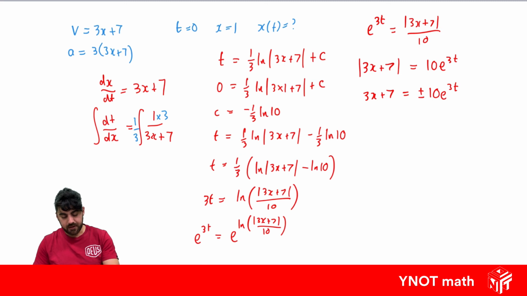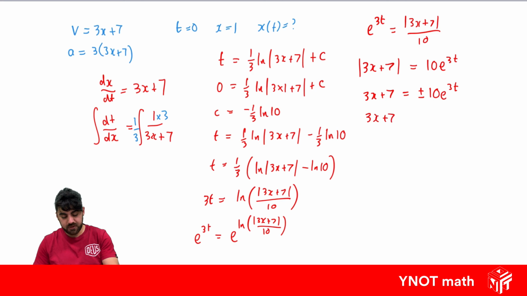From here we can actually work out what case we need, plus or minus, with the initial conditions. We know when t is equal to 0, x is meant to be 1. So if we sub in 0, we get e to the 0, which is 1, and we get just plus or minus 10. And when x is 1, we get positive 10, so we know we need the positive case here. So we can rule out the negative case.